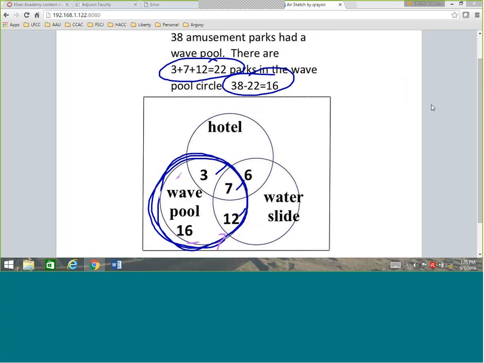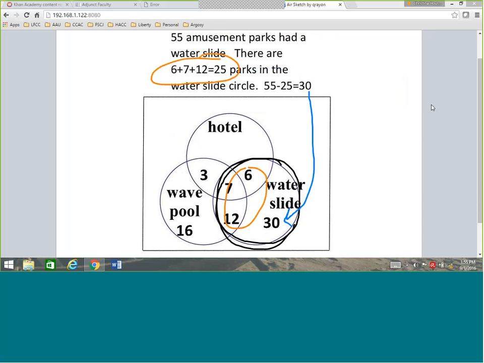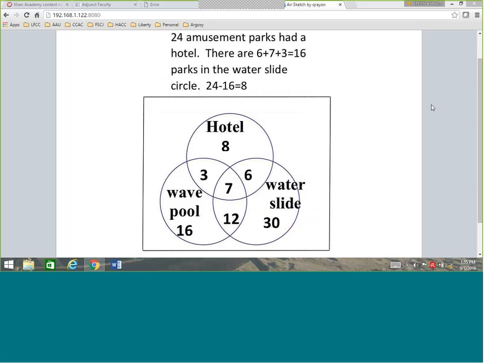Here we have the wave pool circle has to total 22. So I made sure that the region that was left had 16 in it. The water slide circle has to total 30, so I made sure the region left had a 30 in it. And the hotel circle has to total 24.